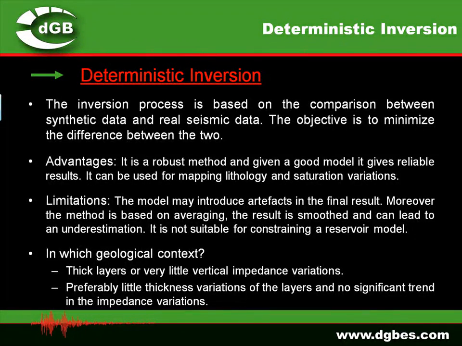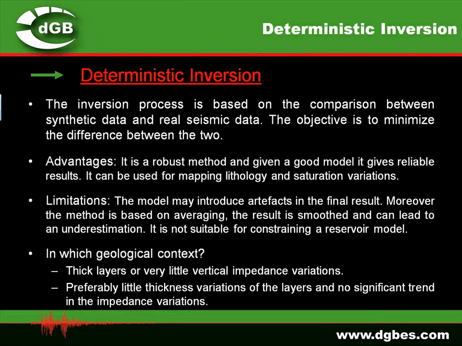So using the model, you can achieve the deterministic inversion. As I said, it's based on the comparison between synthetic data and real seismic data. And the objective is to minimize the difference between the two. The advantages are that it's a robust method, and with a good model, it will give reliable results, and it could be used to map lithology and saturation variation.